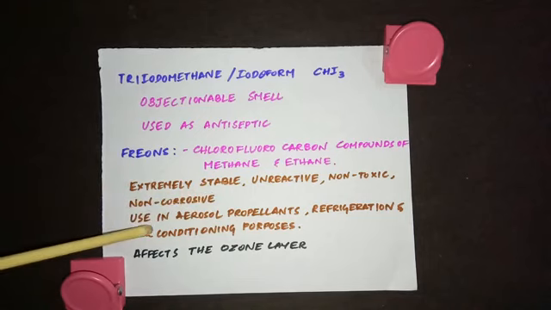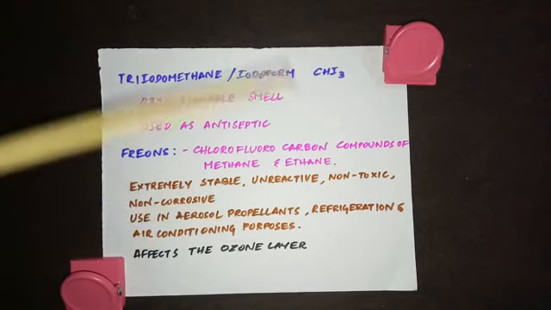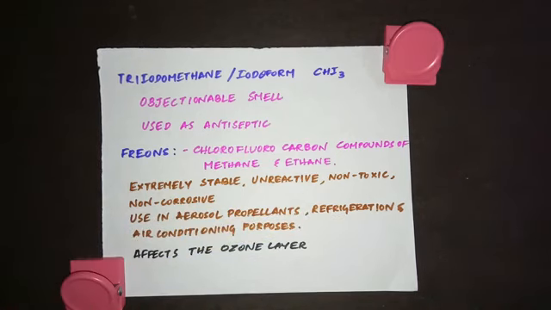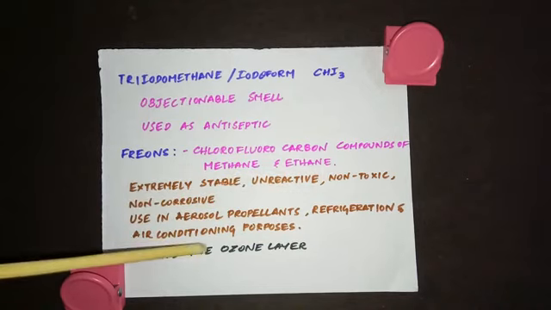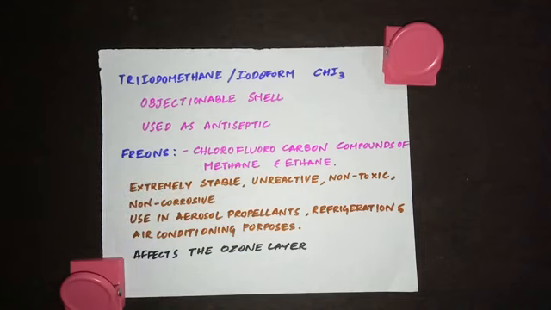We use freons in aerosol propellants, as I just told you, and in refrigeration, which means it is used in the preparation of refrigerants, which help in the cooling effect. And then it is used for air conditioning purposes also. But freons are extremely stable, so they affect the ozone layer. The hole caused in the ozone layer is because of freon usage.